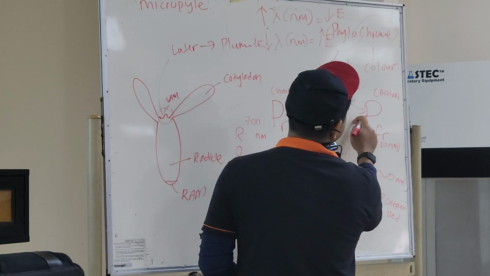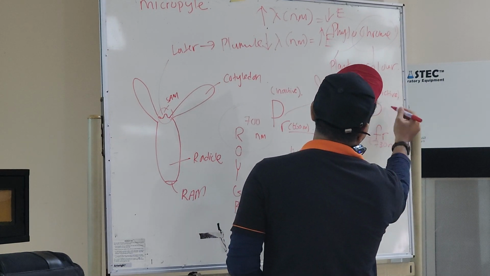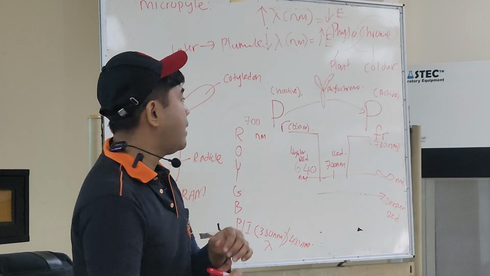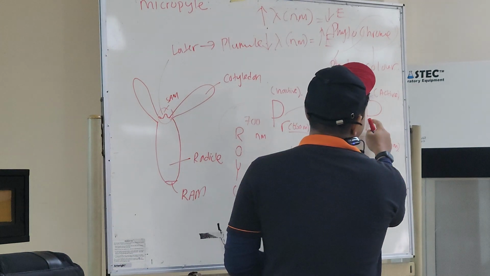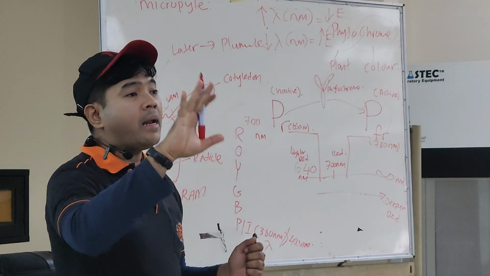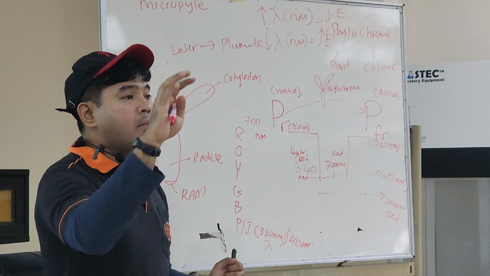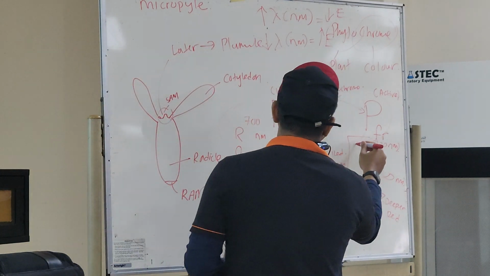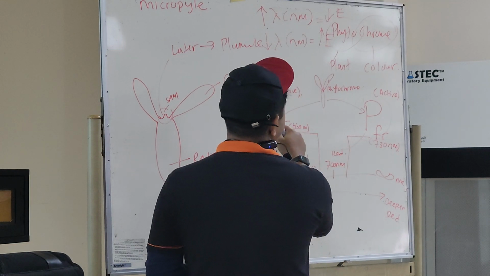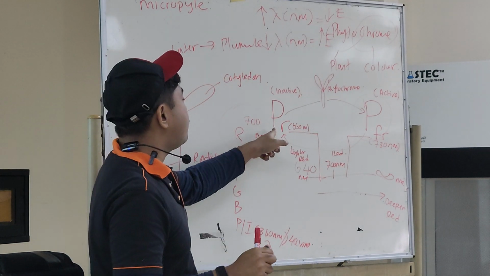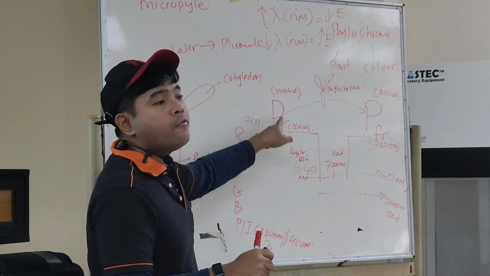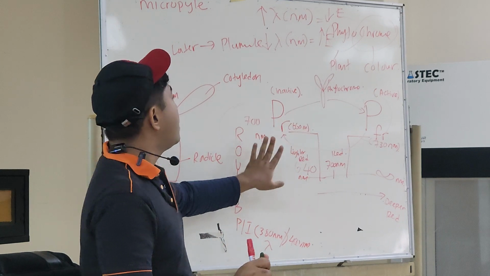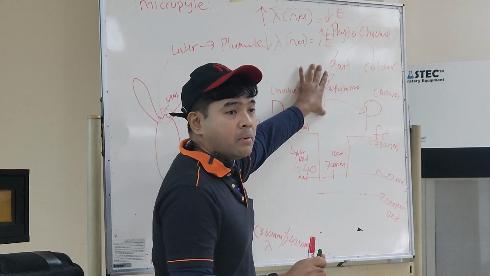The moment it gets activated, it is now called PFR, the activated form of phytochrome, right? If you make it stay longer, or suddenly the red light is off, the activated phytochrome can revert back to the inactive form. And the inactive form is called PR, phytochrome red. So a very simple thing to remember here: phytochrome is a pigment protein.